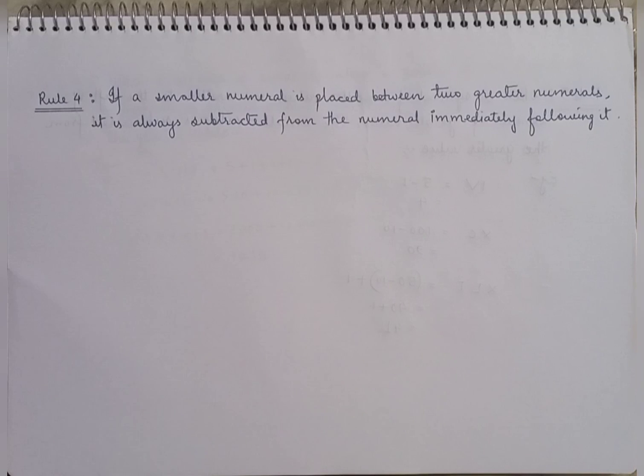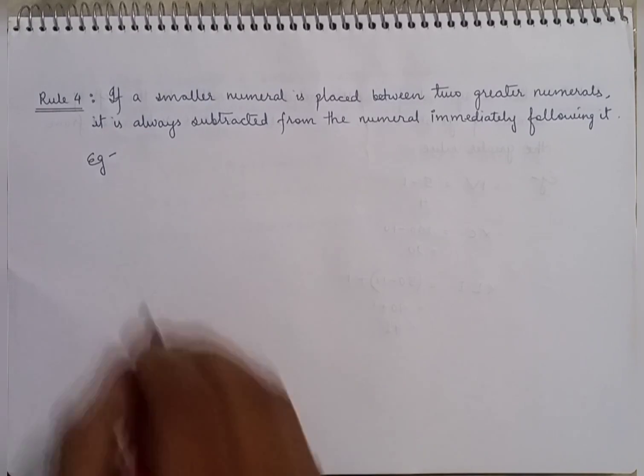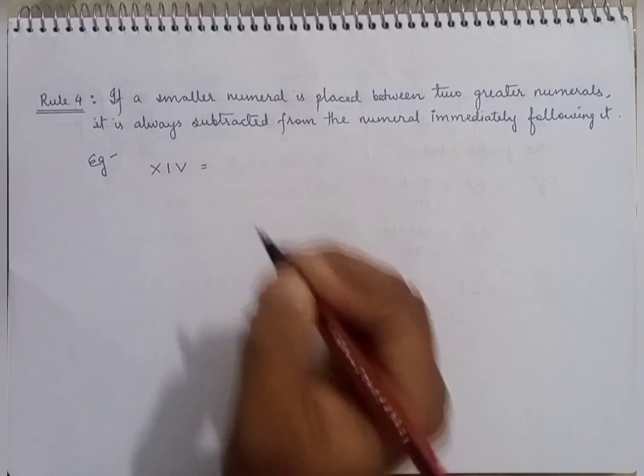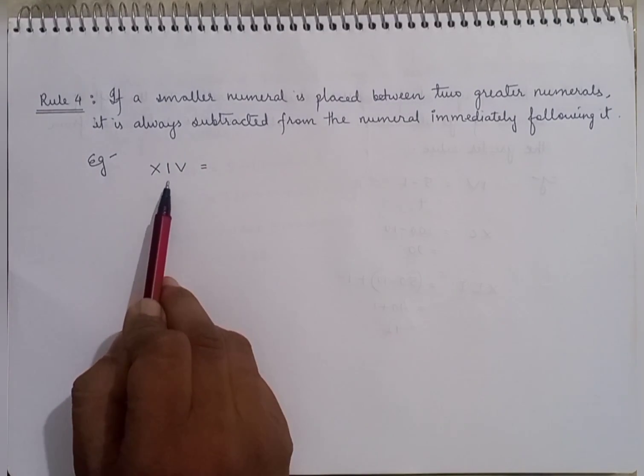Rule number 4. If a smaller numeral is placed between two greater numerals, it is always subtracted from the numeral immediately following it. Okay, let's have a look at this example. X, I and V. Here the smaller numeral is placed between two greater numerals.